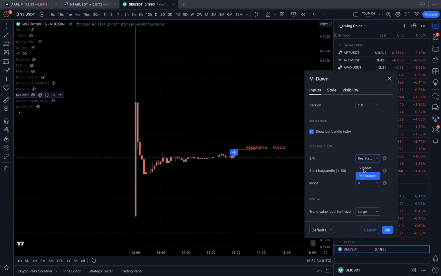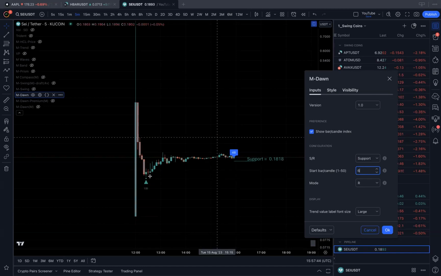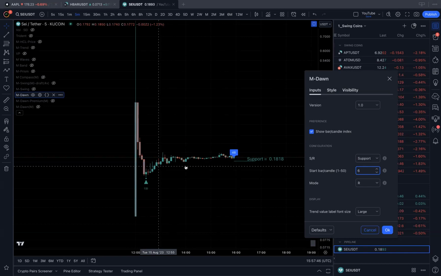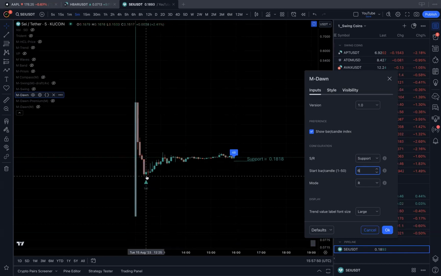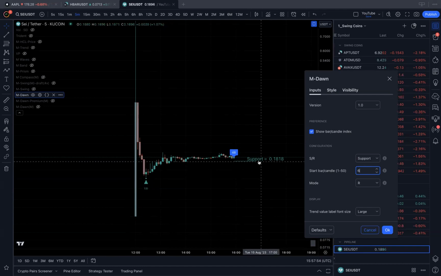Another way to look at it: you say, I have already entered somewhere here, and I want to know what my support is. Then you have to set where the leg started, so that you get the support like this.